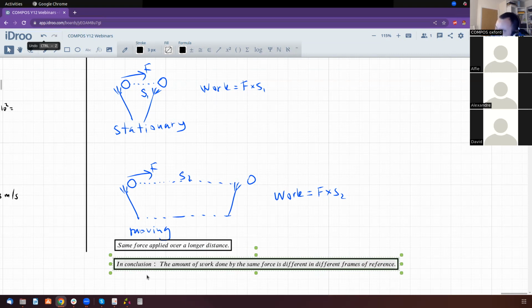A very good example of that would be, imagine you are holding something heavy and you're in a lift. From your point of view, you're applying a force. This is a Harry Potter mug, of course, obviously, as you would. You're applying a force upwards, but am I doing work?